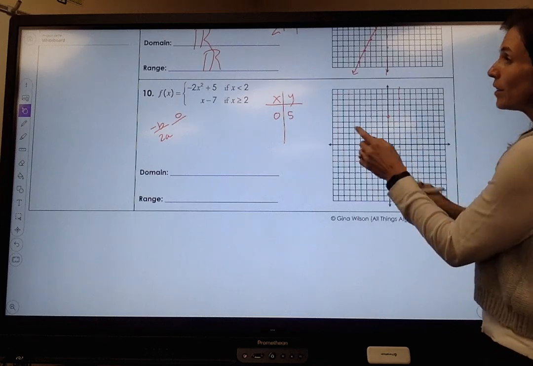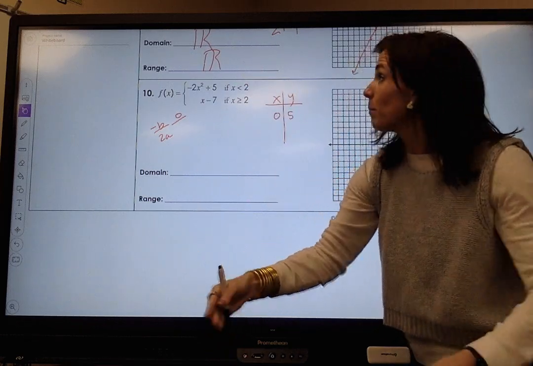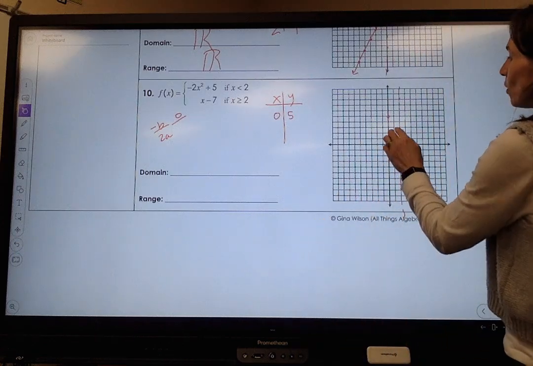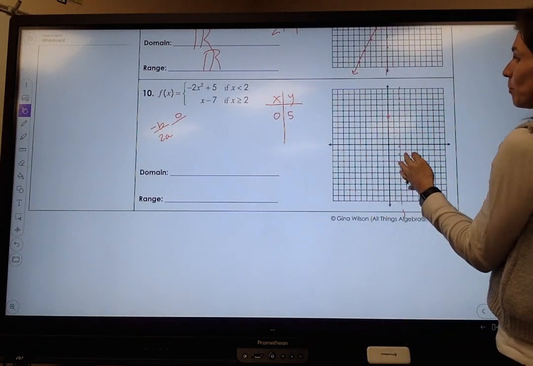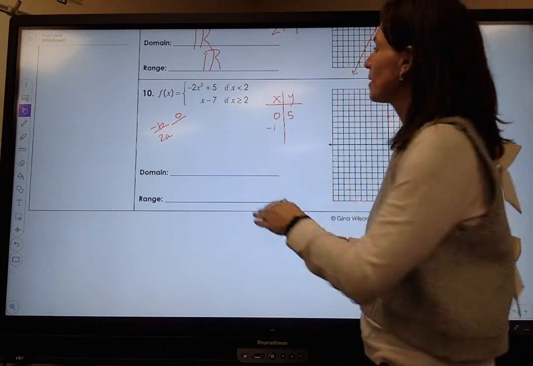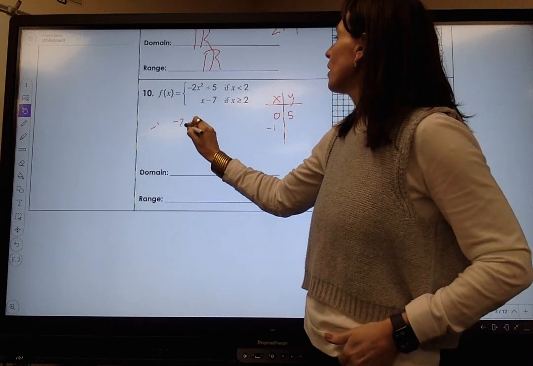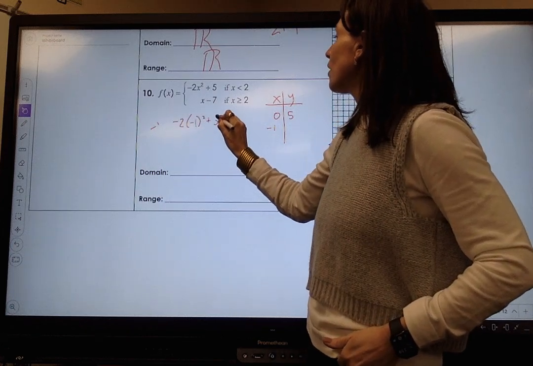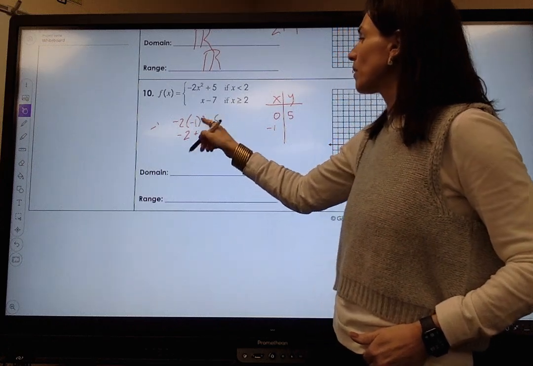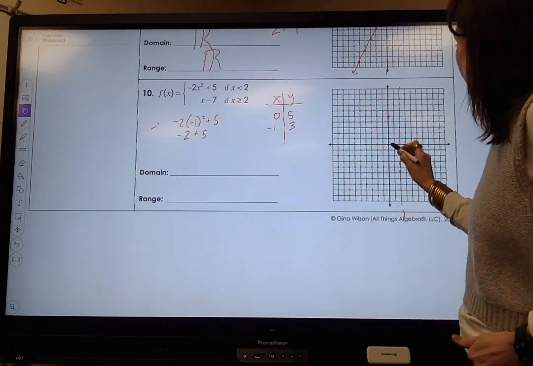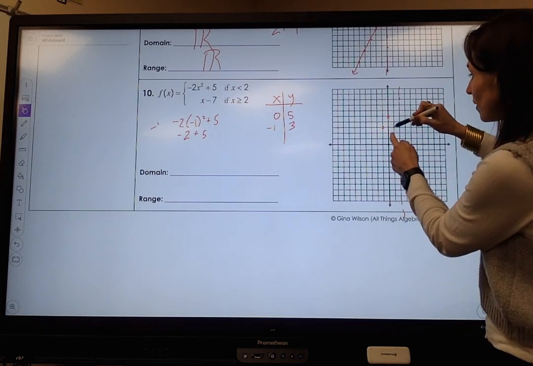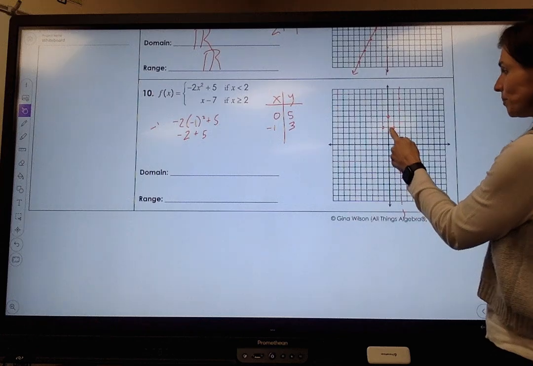So I know it's going to go down in shape because that negative means it's going to frown, it's going to go down. And I want some points to the left and some points to the right. So I'm going to use negative 1 as an x value, and I'm just going to solve it. So I get negative 2 times 1, which is negative 2, and then plus 5 gives me 3. So when x is negative 1, y is 3, and again, the properties of a parabola, I'm going to go over here.